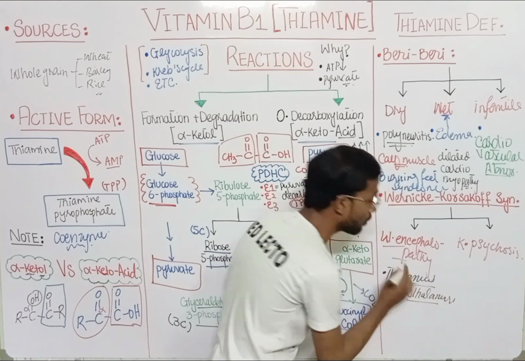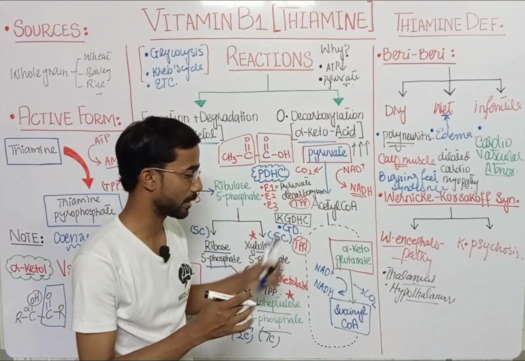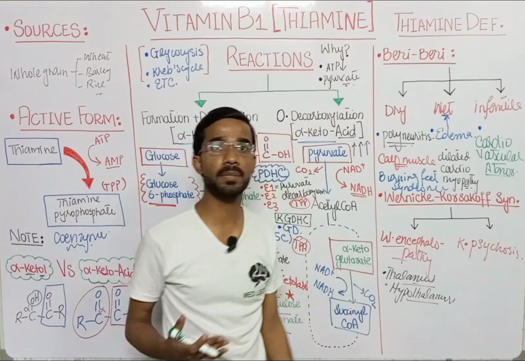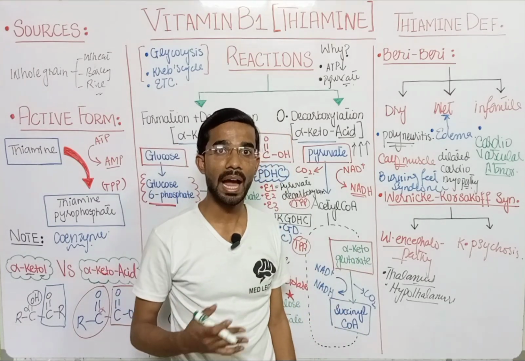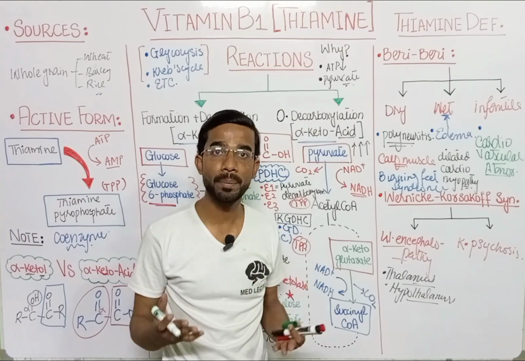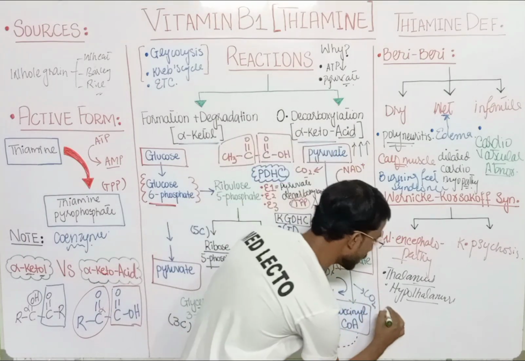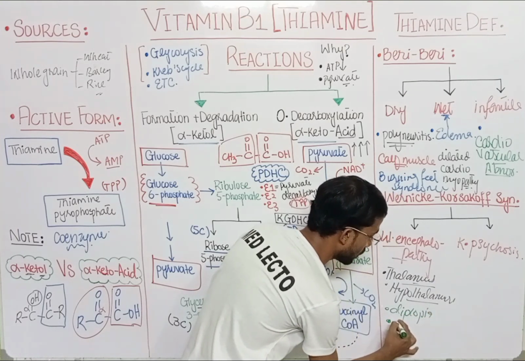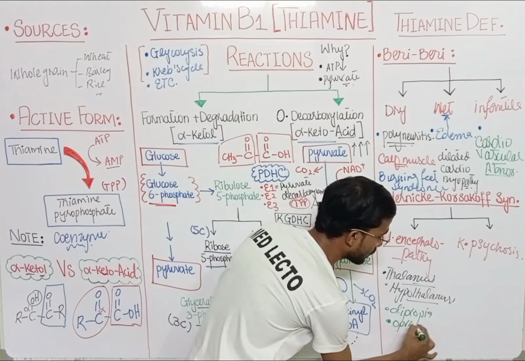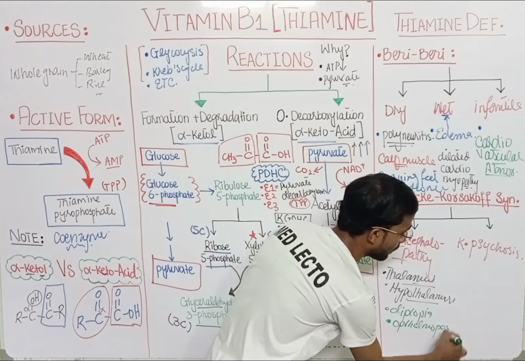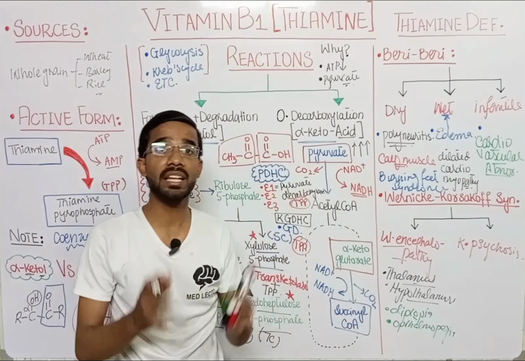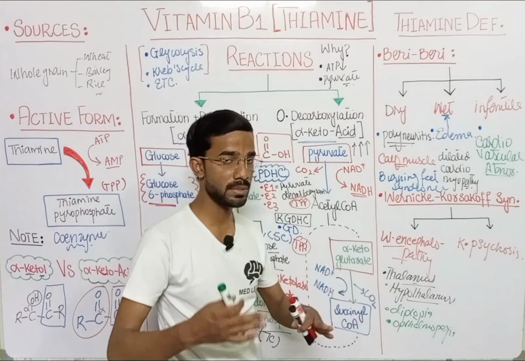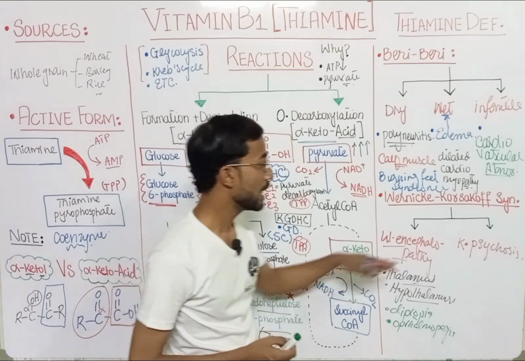These two parts of the brain are mostly affected in Wernicke encephalopathy. Symptoms include ophthalmoplegia, nystagmus and diplopia. Ophthalmoplegia is the weakening of the muscles of the eye. So these are the different symptoms in Wernicke encephalopathy.